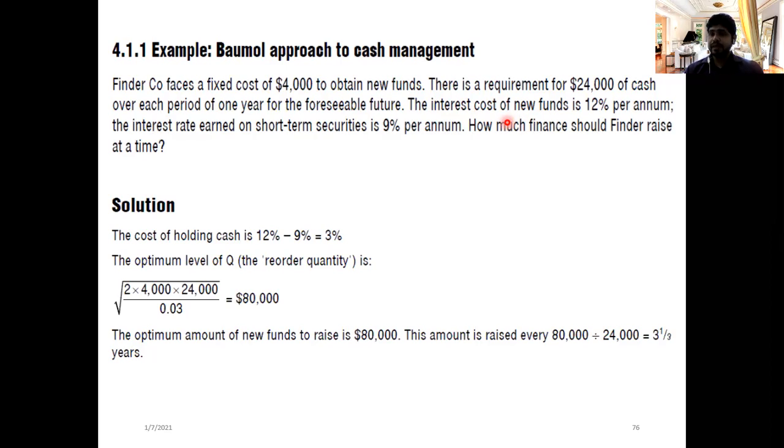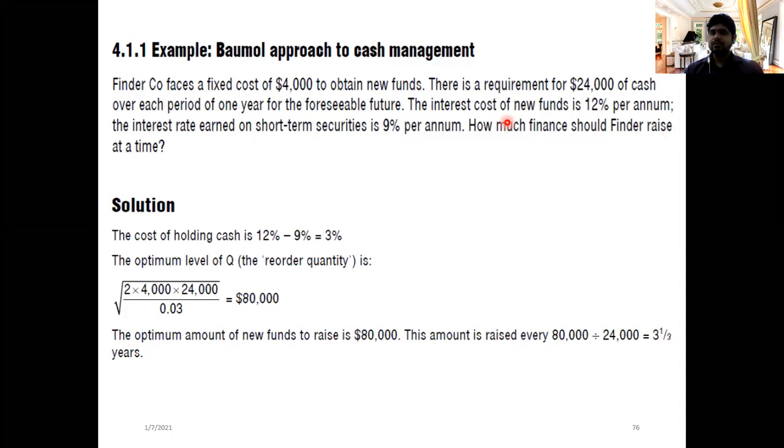You have to pay 12%. And if you invest your money in securities, you will get 9% per annum. Then how much is the opportunity cost of holding?